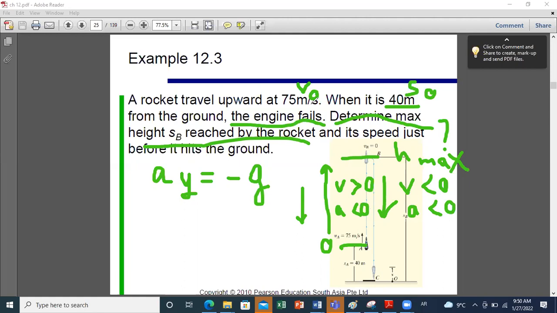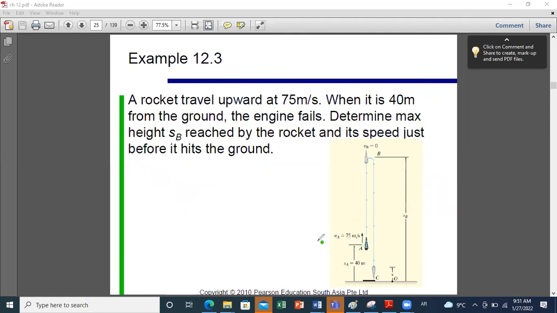It's true that I can find the time needed to reach B and then replace into the position equation, but then I will do it in 2 steps, so it will take more time. Always try to do it straightforward. So the easiest method is to call this point 0, and the maximum height position 1.